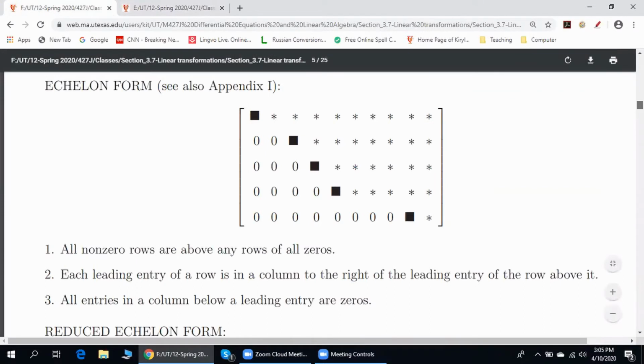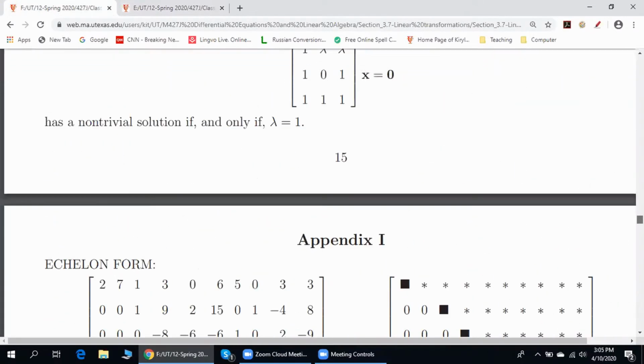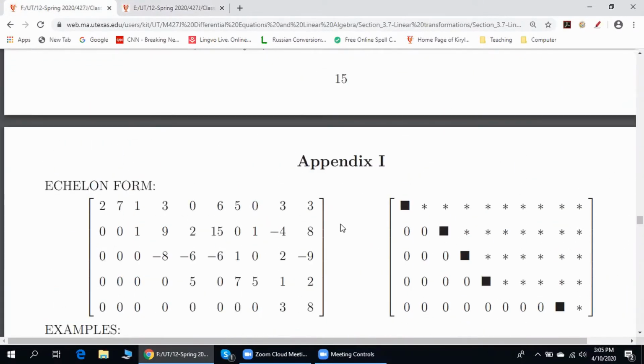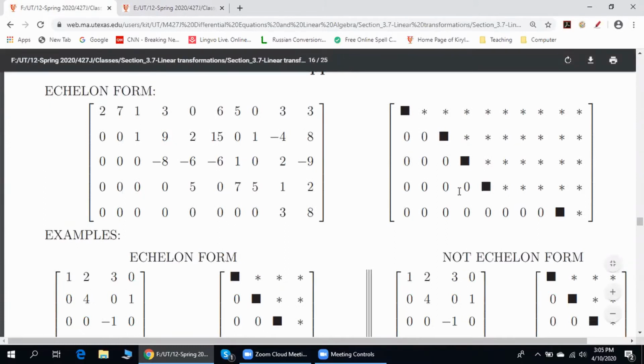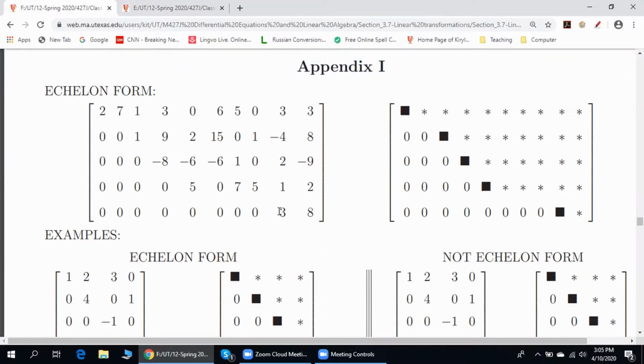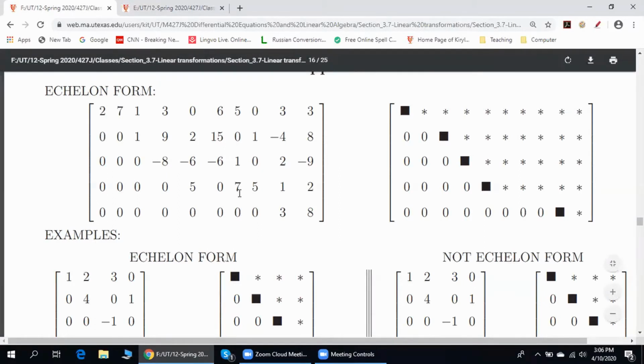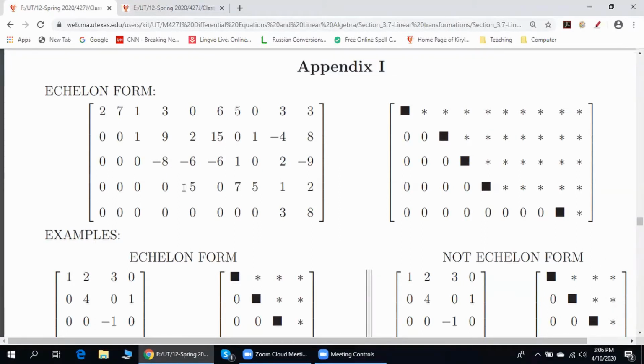In Appendix 1, I have more examples. So once again, here is a numerical example of what we just discussed. Black square, black square, black square, black square, black square. By the way, we will call black squares pivots. So in this matrix, we have 5 pivots.